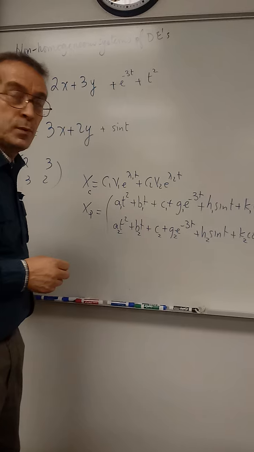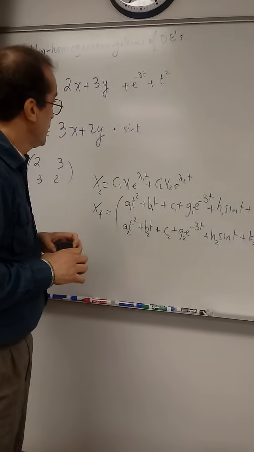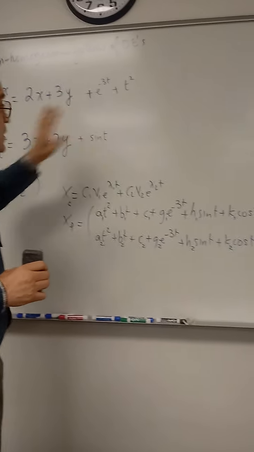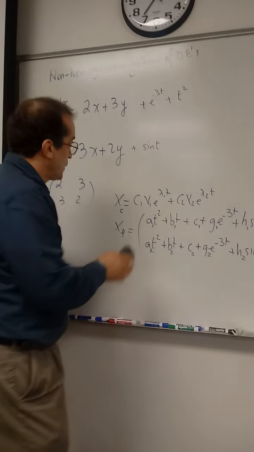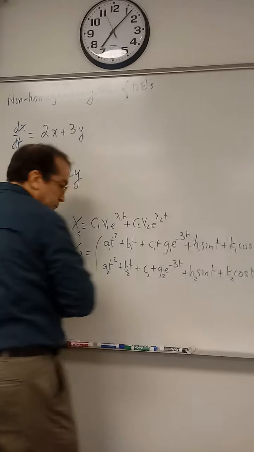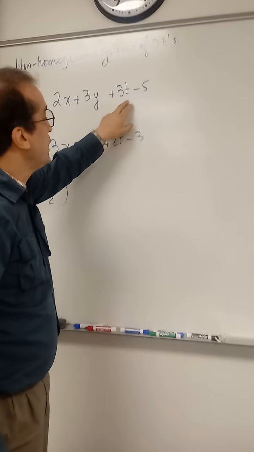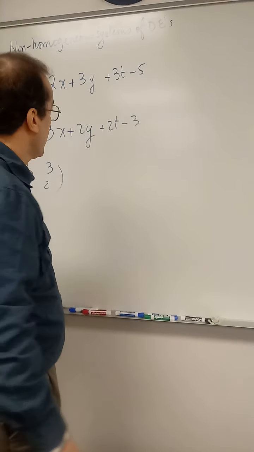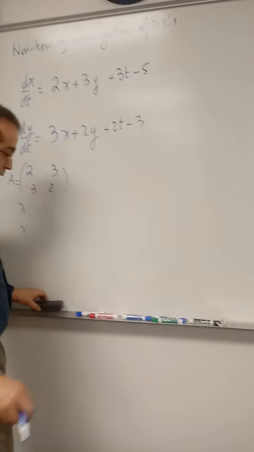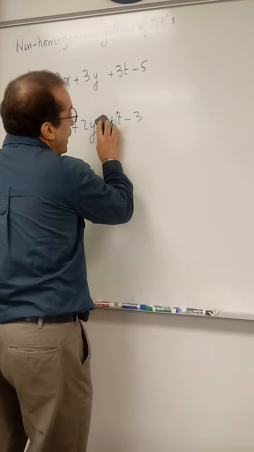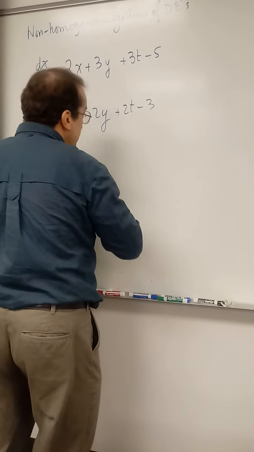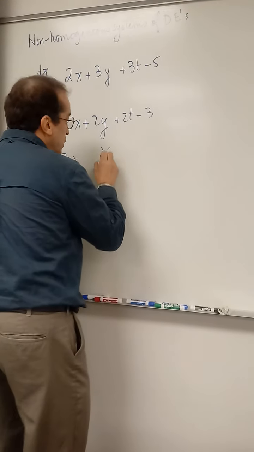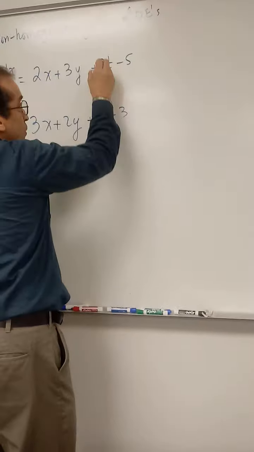We're going to do an example. I'm going to use a different additional term in each of these equations for the example. I put 3t minus 5 in the first line and 2t minus 3 in the second equation. In the second equation, if we only had minus 3, even if we didn't have the 2t, our particular integral would still be linear.